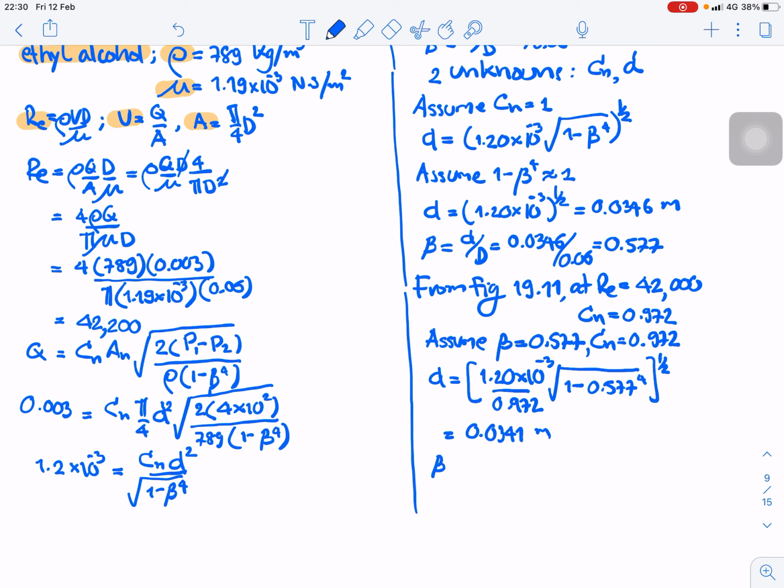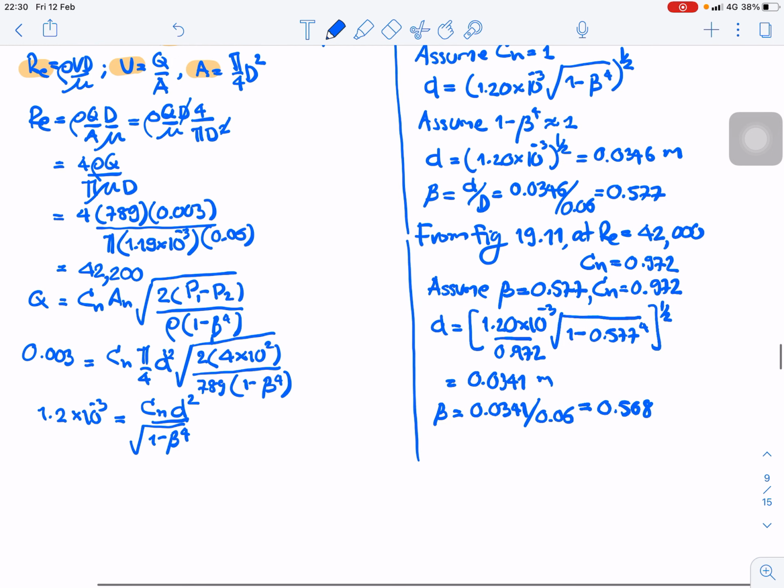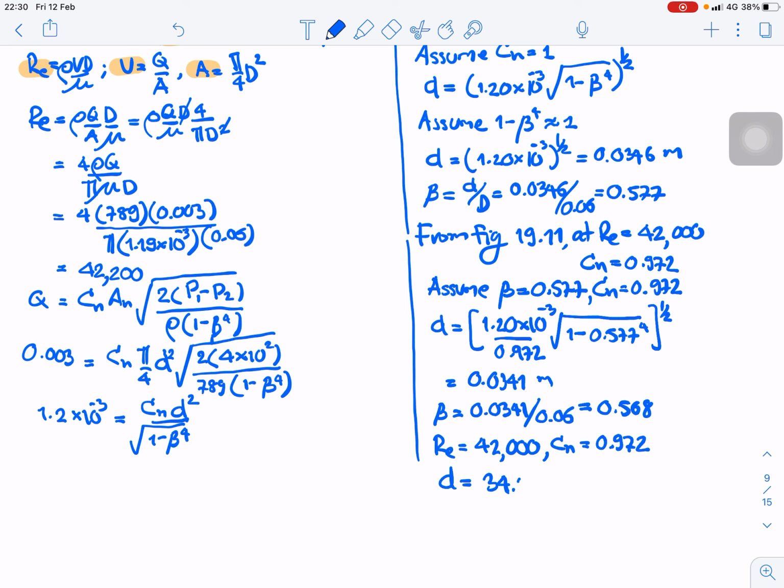So that is good enough, and we can find beta again, almost the same as the previous one. And check again for the Reynolds number, which is about 42,000. Finally we got d is 34.1 millimeter.